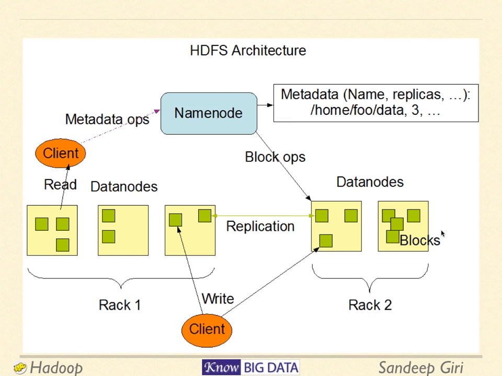Ajay Karthik's question is, how frequently do the name node and secondary name node sync? First of all, the secondary name node is not exactly the mirror of the name node. Secondary name node is a bit of a misnomer, but there is a backup name node which is specific to Hortonworks. It's not an Apache one. That one is an exact mirror copy, and the sync keeps on happening frequently.